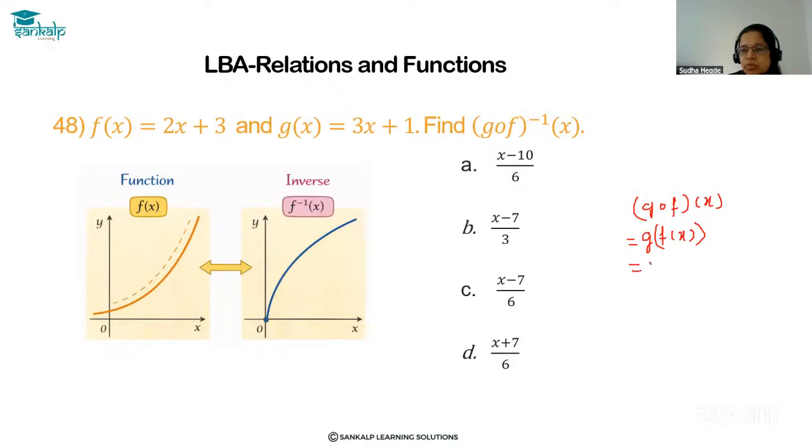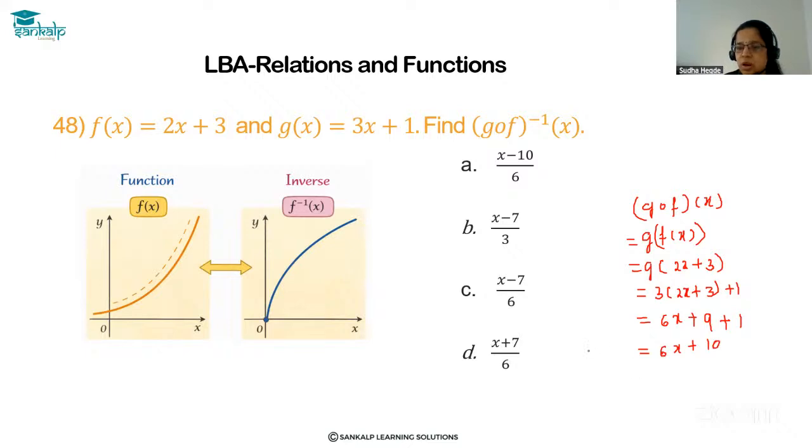Now what is f of x? Substitute it. F of x is 2x plus 3. Now you need to find g of 2x plus 3. So replace x by 2x plus 3 in g. So it is 3 into 2x plus 3 plus 1. So it is 6x plus 9 plus 1. So it is 6x plus 10.